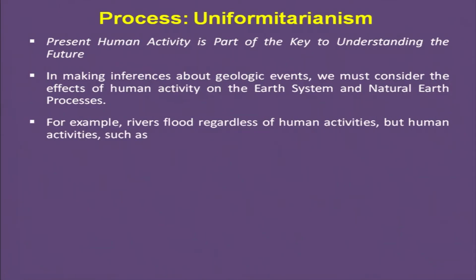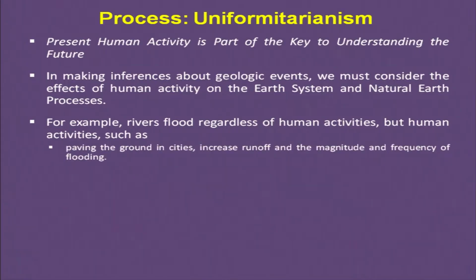Now, for example, river floods occur regardless of human activities, but human activities such as paving the ground in cities increase runoff and the magnitude and frequency of flooding, and this is very commonly experienced in mega cities. Because of the concrete jungles, the runoff is increased, and within no time the city is under flooding conditions.